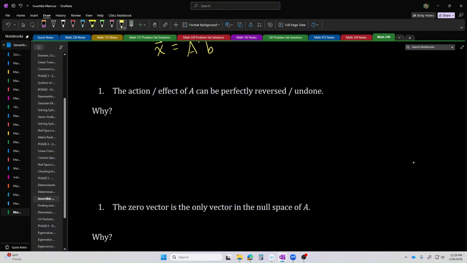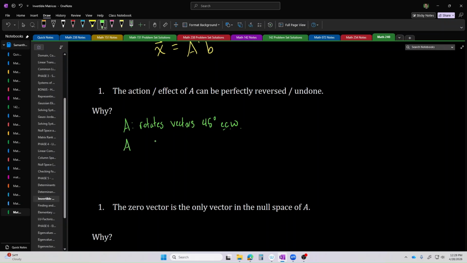So for example, if the action of A is just to rotate vectors, let's say 45 degrees counterclockwise, then this would be an action that is very easy to undo or to perfectly reverse.